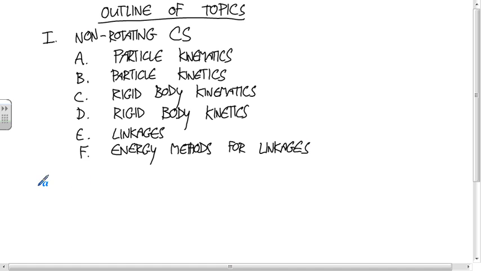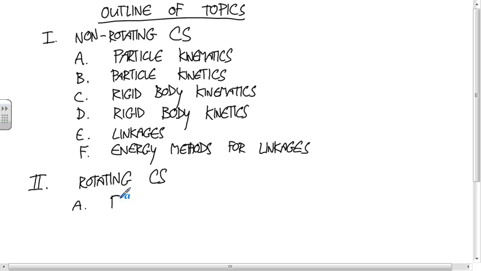After we're done with this, we're finally going to get to rotating coordinate systems. And we're not going to do as much with rotating coordinate systems as we did with non-rotating coordinate systems.